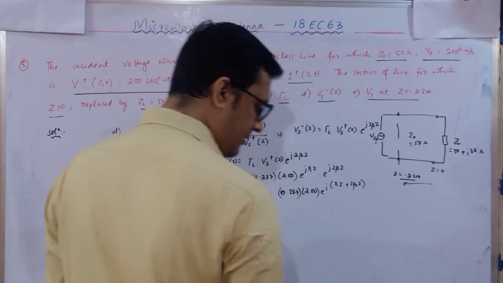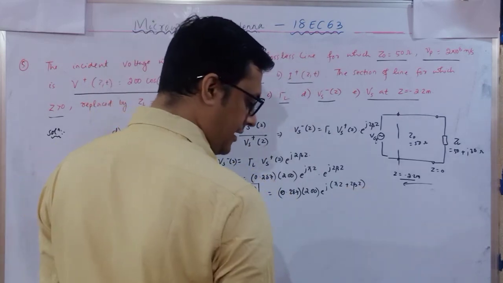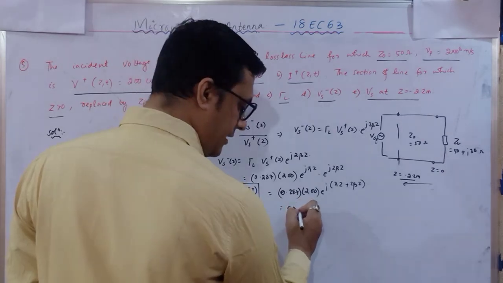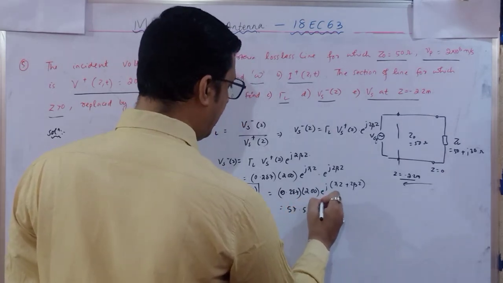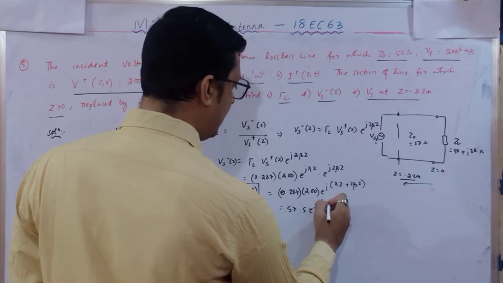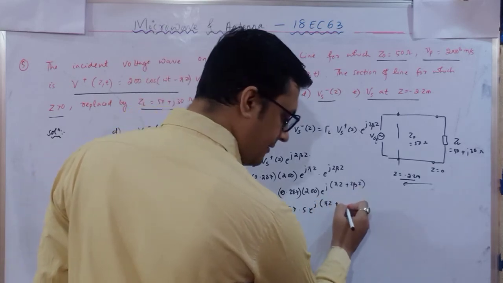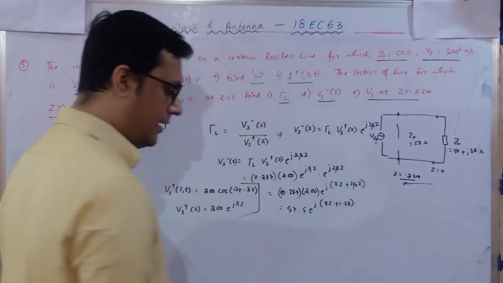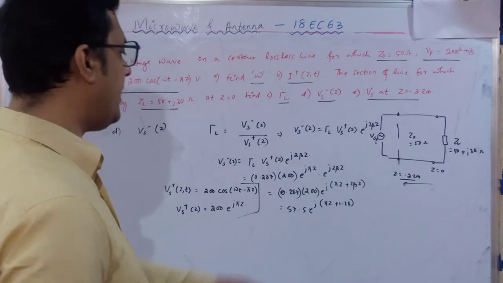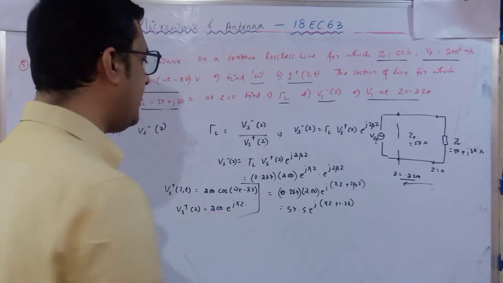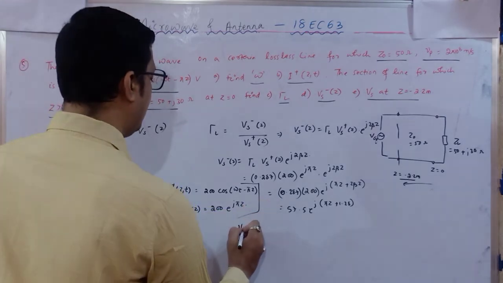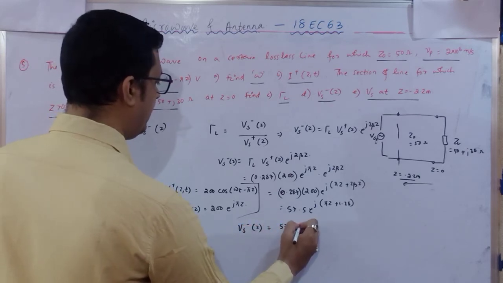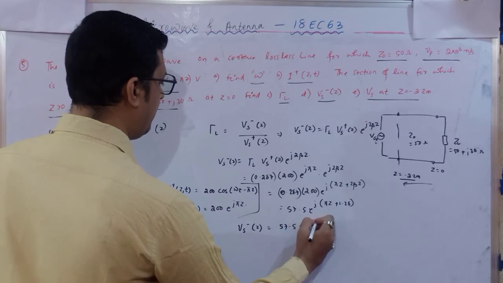Okay. So this 2 beta z you can write as 1.28. So the resultant will be 57.5 e to the power j pi z, and this one is 1.28 with 2 beta z. So 2 beta z you can identify as 1.28, and this is my reflection potential.